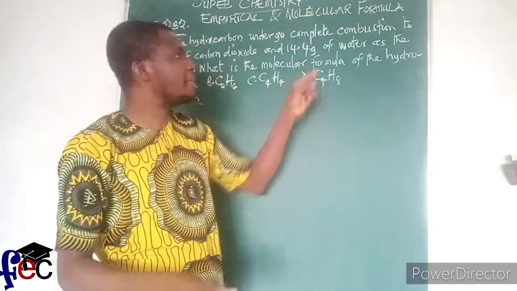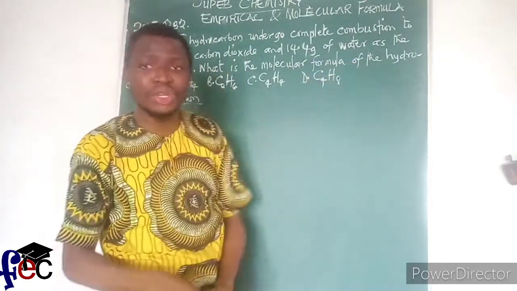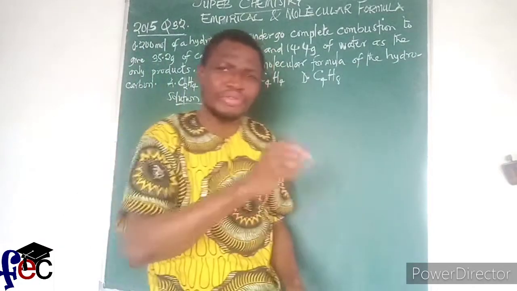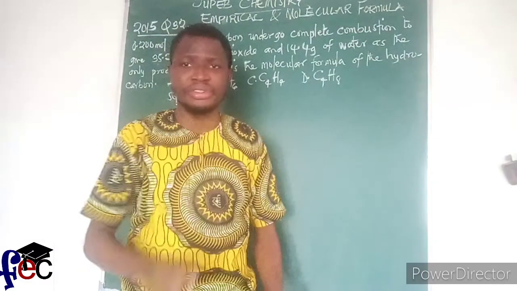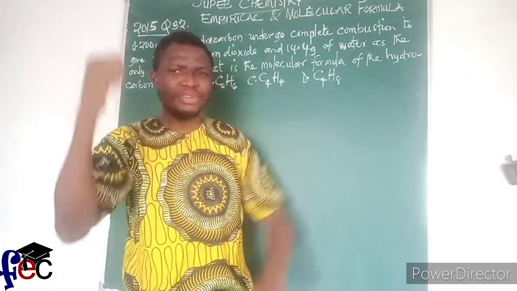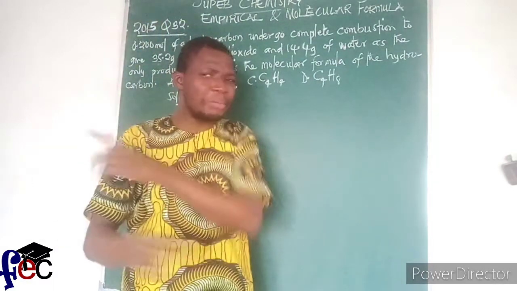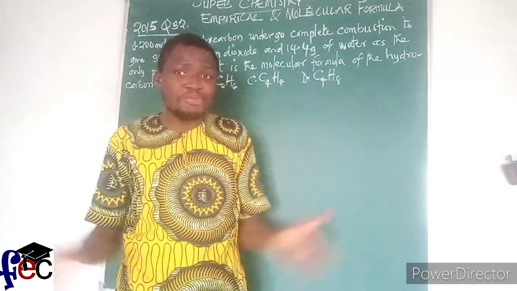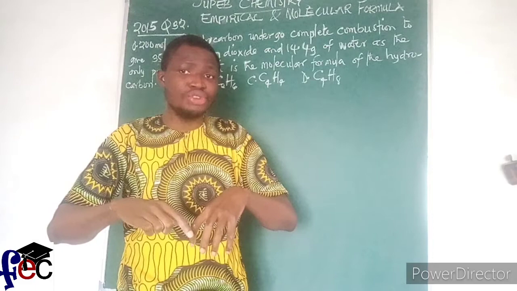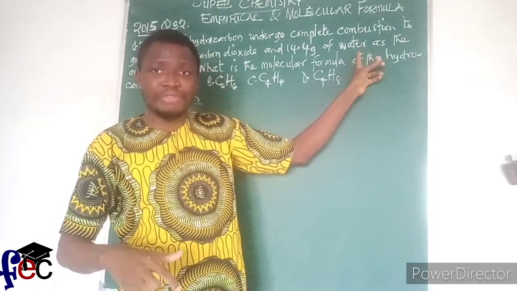And whatever be the mass of hydrogen present in water must have been the mass of hydrogen present in the hydrocarbon, because none of the masses of the carbon and the hydrogen in the hydrocarbon can be lost in the process. The hydrogen there was being made use of, and we see it produced in the form of water.